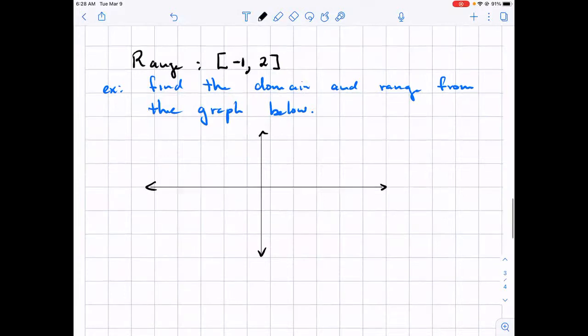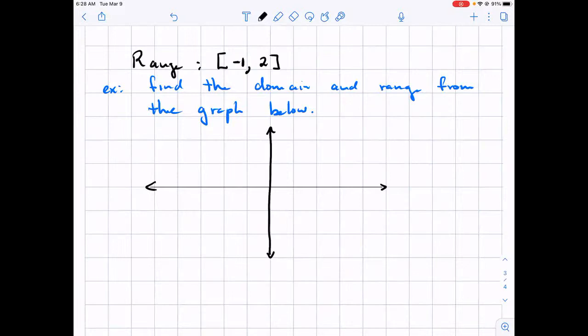So let's say we have, actually, I want to draw that on the line. Let's say we have here one. Well, let me draw my graph first.